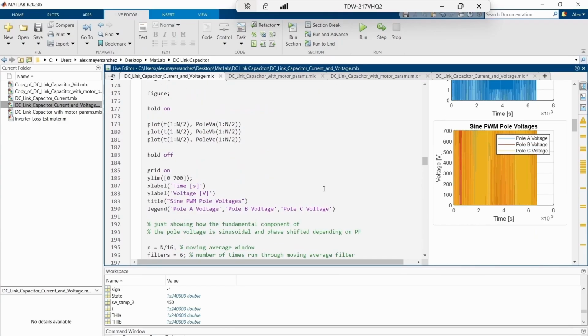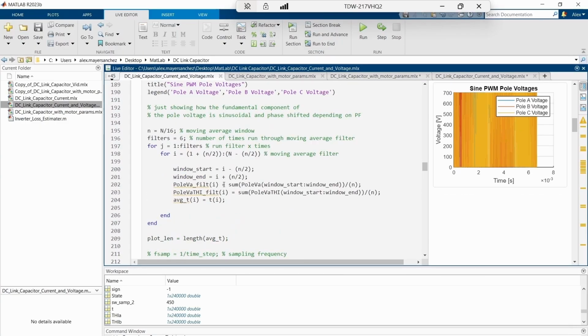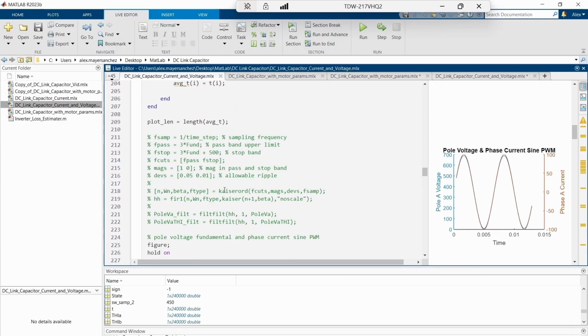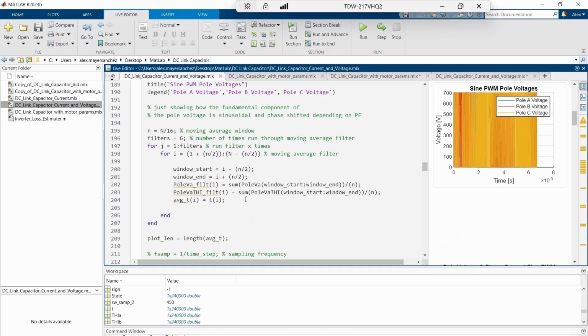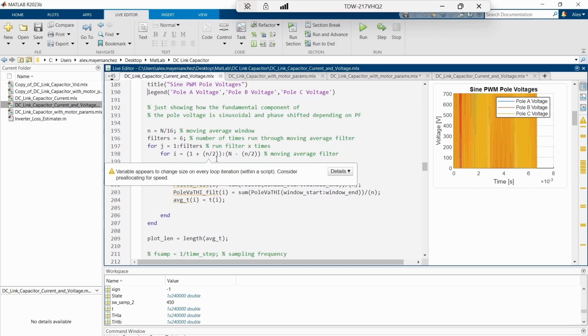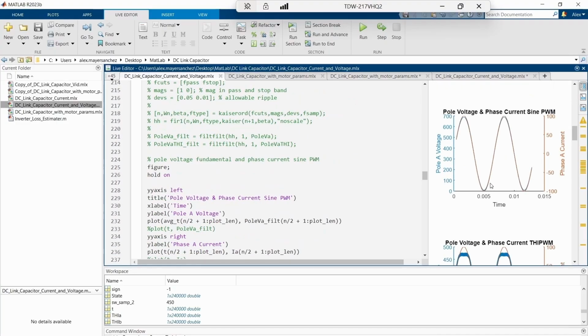So then I used this moving average window. I tried using a Kaiser order low pass filter, but you need the Signal Processing Toolbox for that, so I couldn't use that. But this moving average filter is going to filter out all the high frequency from this, and then I'm going to plot the pole voltage for phase A using sine PWM and third harmonic injection PWM.